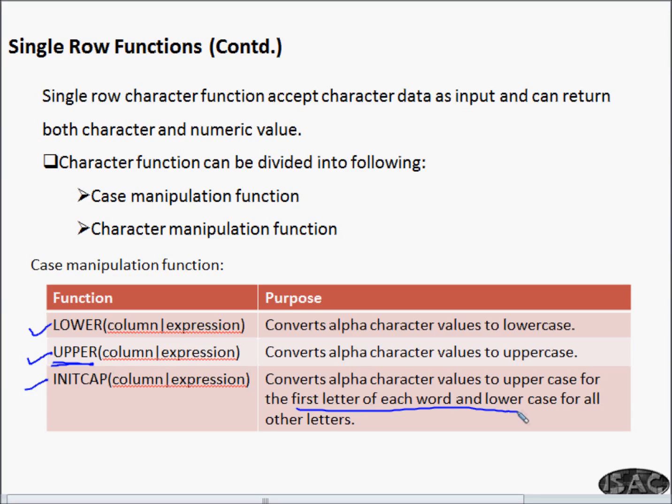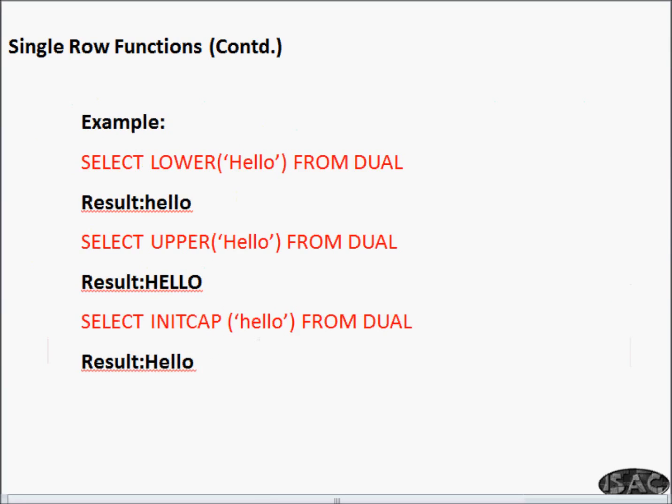So if this is the text, then the first letter of each and every word will get capital, right? So understood these three functions here. This is what case manipulation functions are. You can see the example here.